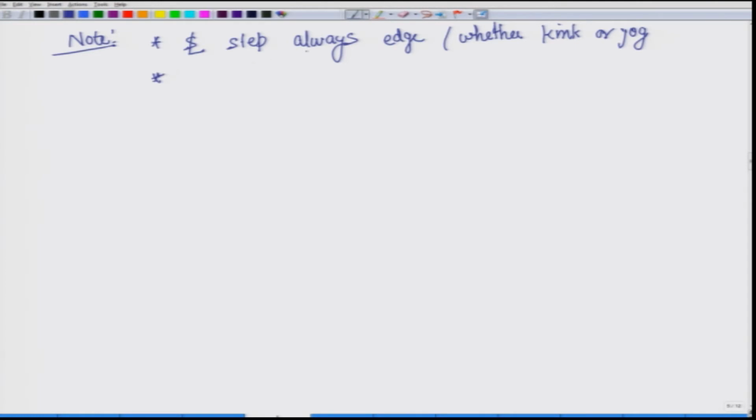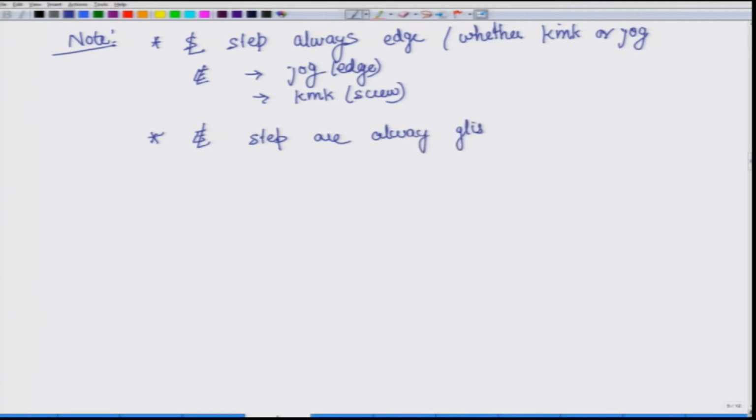And if we are writing this, then we also need to write that for edge dislocation, jog is edge and kink is screw character. Another equally important aspect is that edge dislocation steps are always glissile.